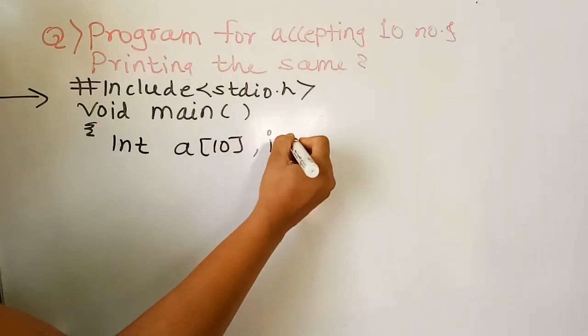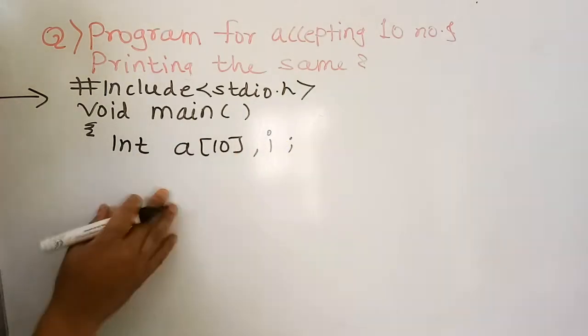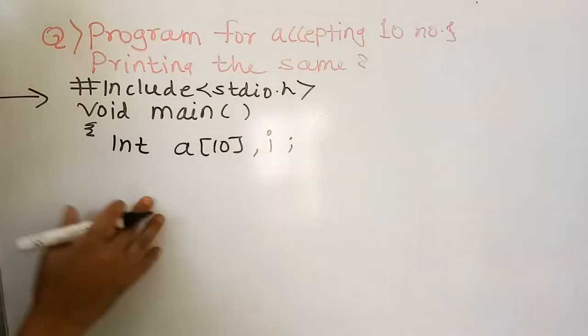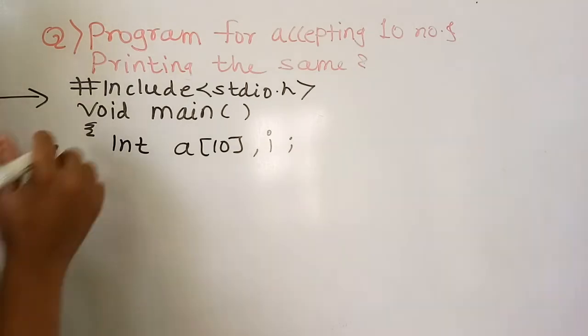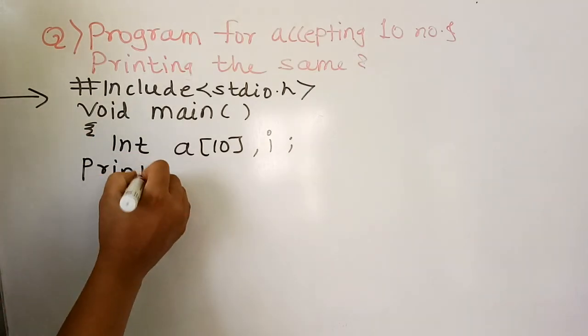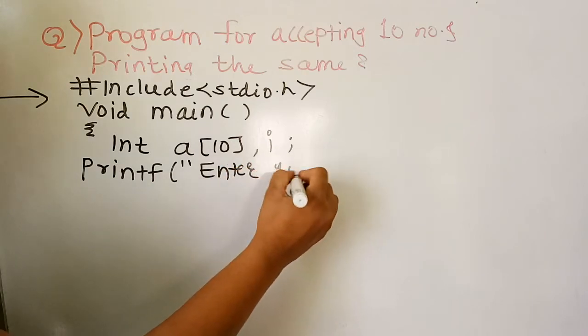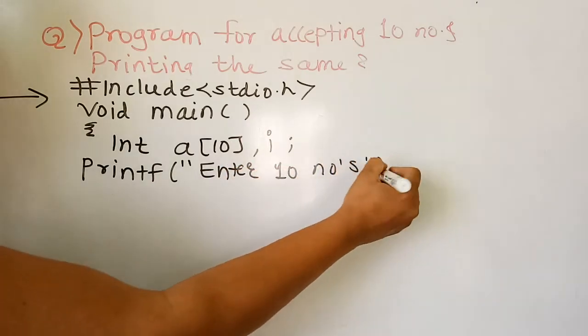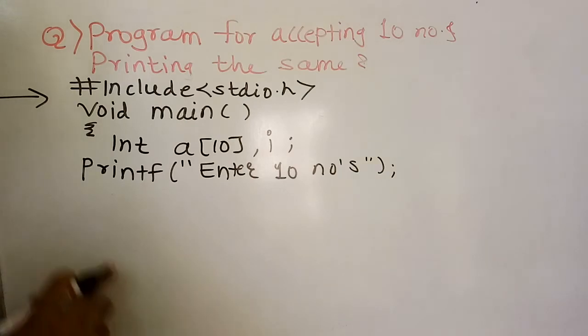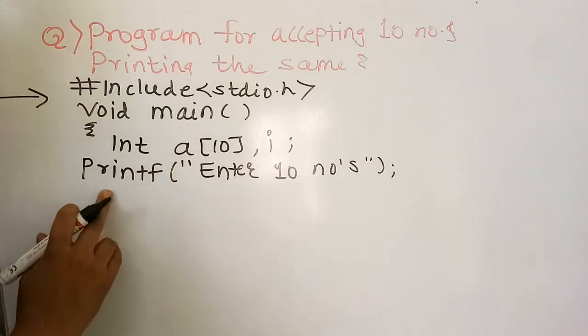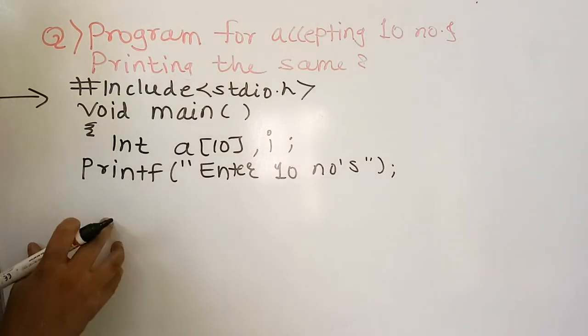For using the for loop, I will take i as the loop variable. Now I will display a message to the user: enter 10 numbers. I have told you that for accepting, processing and printing, we use the for loop.